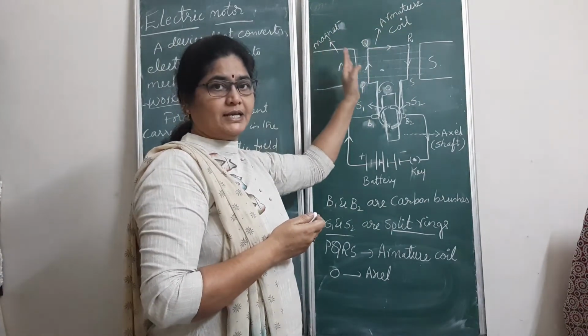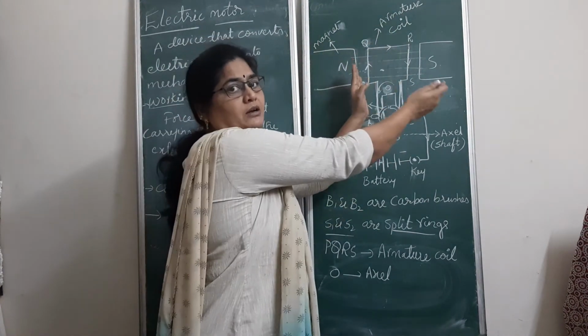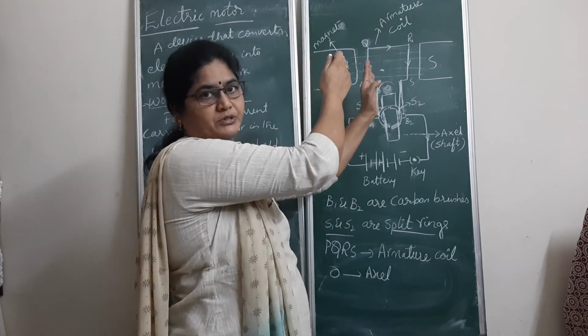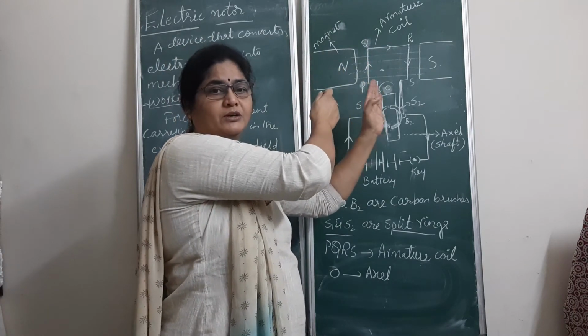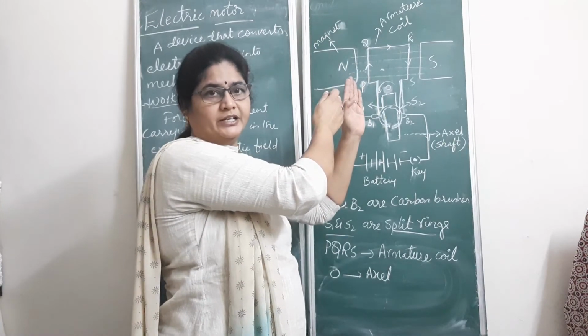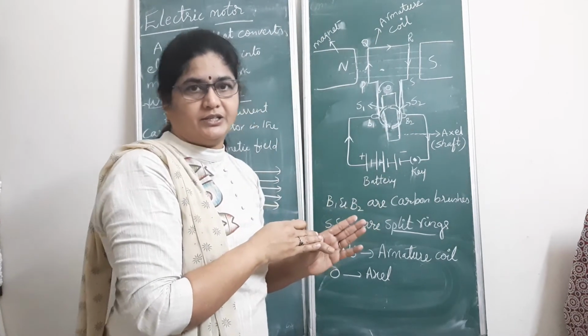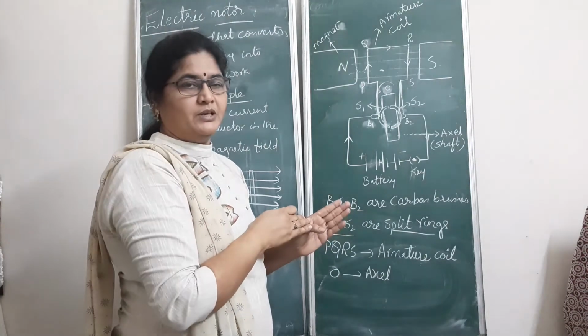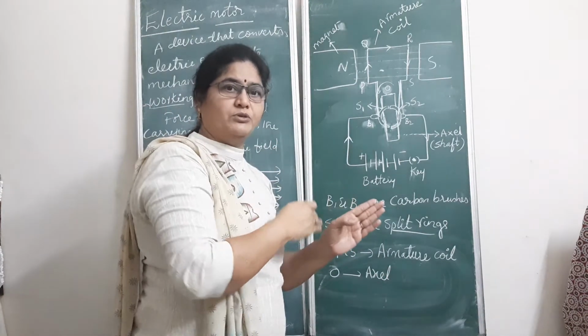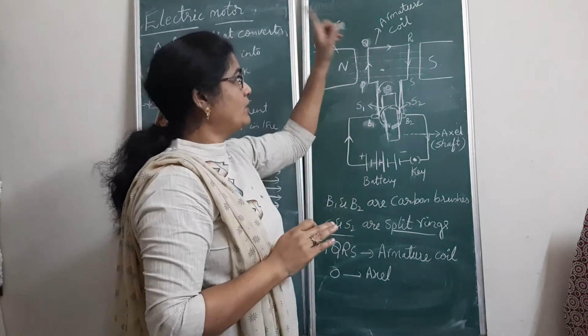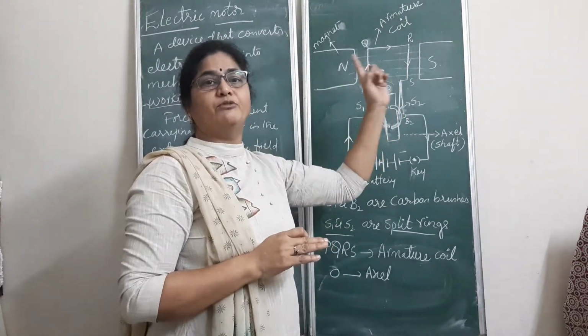Now RS will experience a downward force and QP will experience an upward force. So again the coil rotates through 90 degrees. That is, from the initial stage to now, it is 270 degrees. Again, due to inertia of motion, it will go to 360 degrees. In that way, one complete rotation is done in one particular direction.